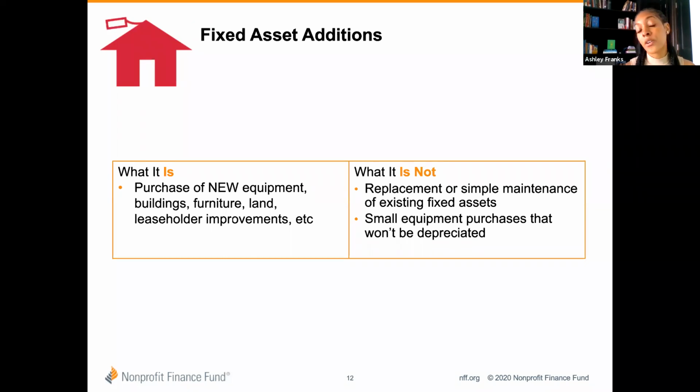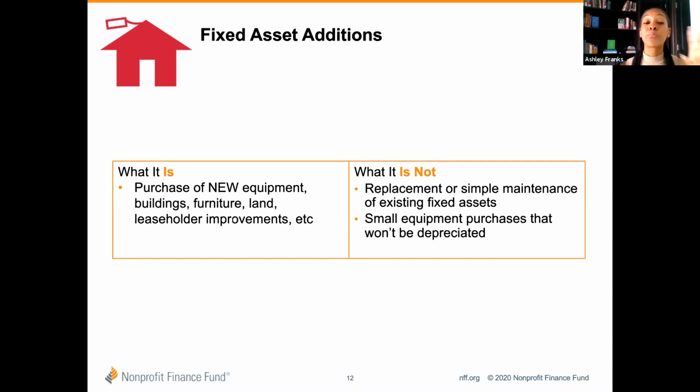Then the fifth slice of our full cost pie is fixed asset additions. And this is the purchase of new equipment, buildings, furniture, land, leasehold improvements, etc. Fixed asset additions are not replacement or simple maintenance of existing fixed assets.